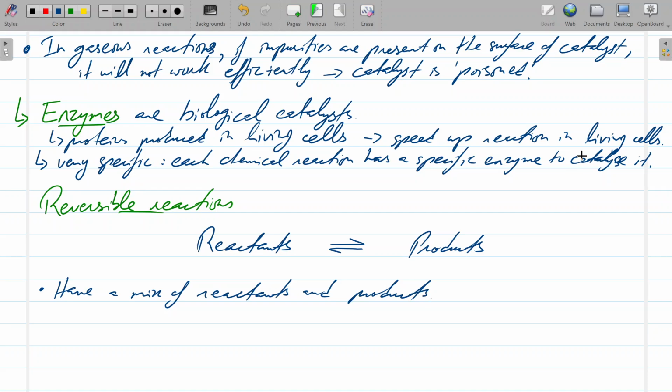And you can change the conditions of the reaction to make it move one way or the other. So the proportions can change or be altered depending on the reaction conditions.